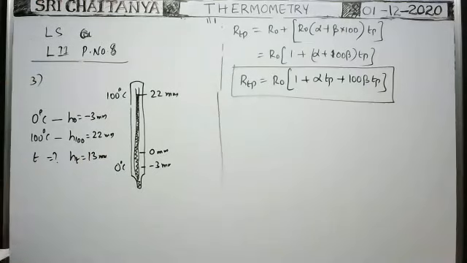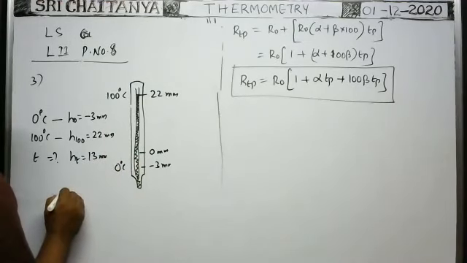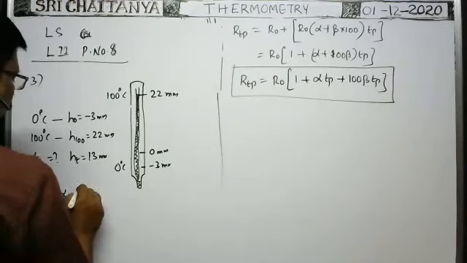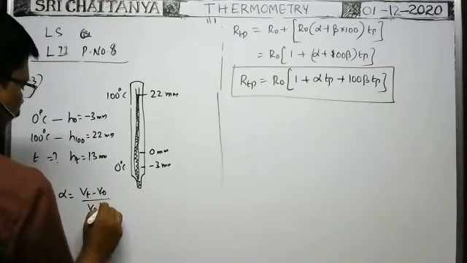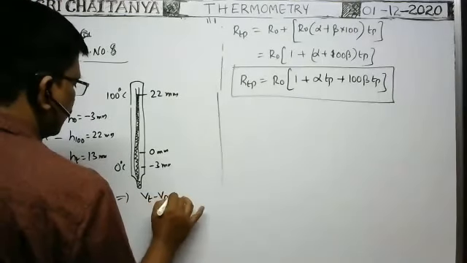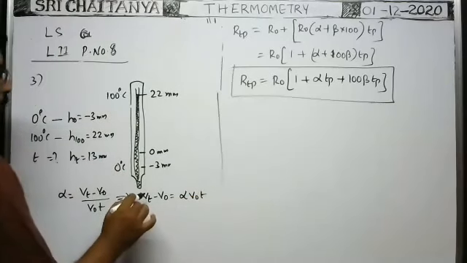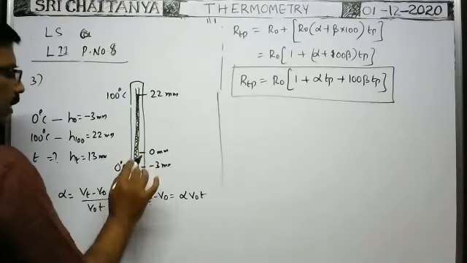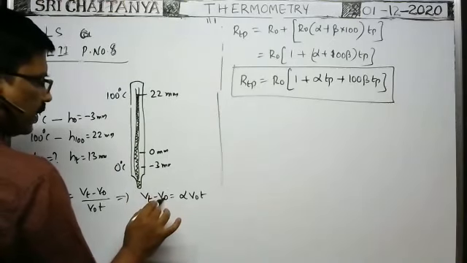This is the case. In case of the thermometer, I already said alpha is equal to Vt minus V naught by V naught into T, which implies Vt minus V naught is equal to alpha into V naught into T. Vt is the volume of the mercury column at any temperature, V naught is the volume of the mercury at 0 degrees centigrade.